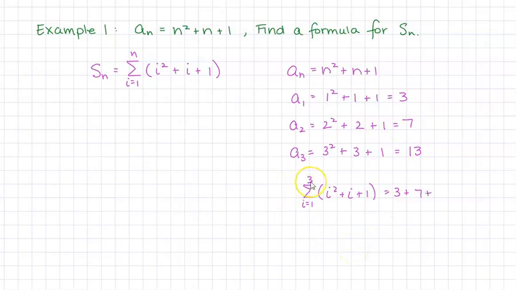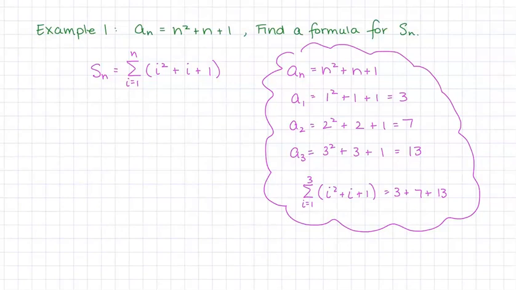And then I'm going to end at 3, which is 3 squared plus 3 plus 1, which is 13. So you can see I'm just getting the actual terms. That's the first term, the second term, the third term of the sequence, but now I'm adding them up. So the argument for your summation is just your formula for a sub n. So it's kind of nice. I basically gave you that.